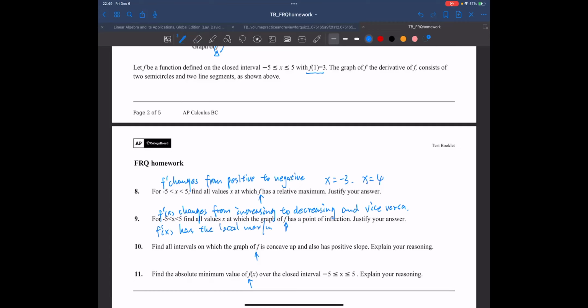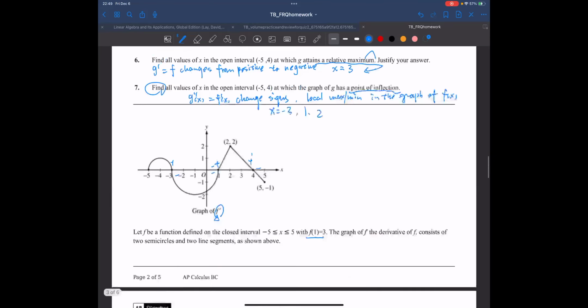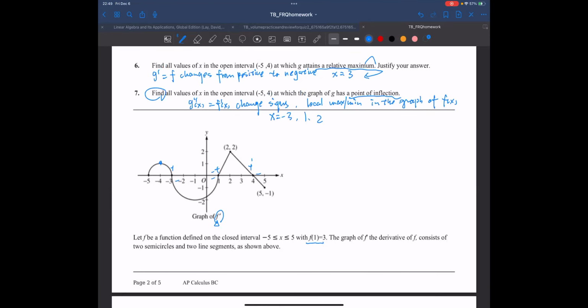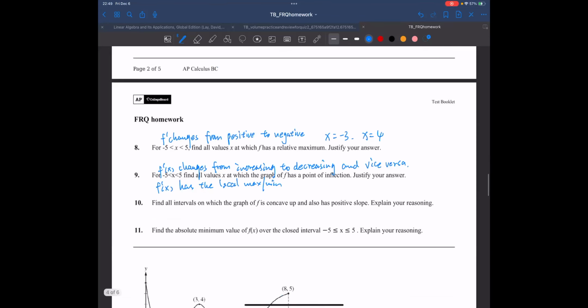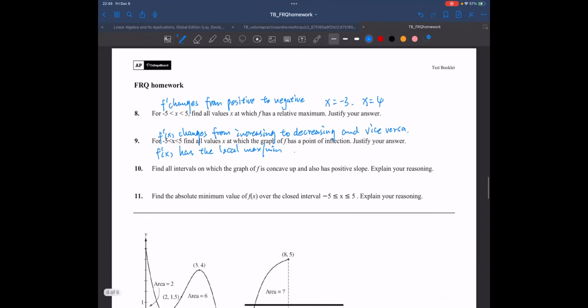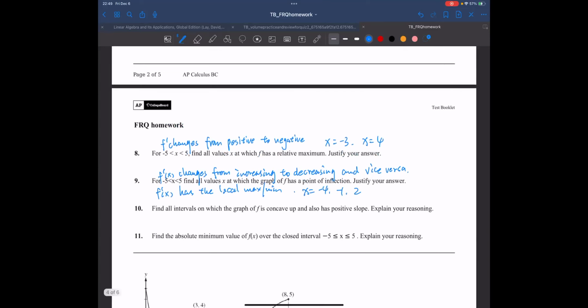Local maximum or local minimum in the graph. So local maximum, local minimum, x equals -4 or -3, and -1, and x equals 2. Okay, concave up. F is concave up, so f double prime is positive, and f prime is increasing.